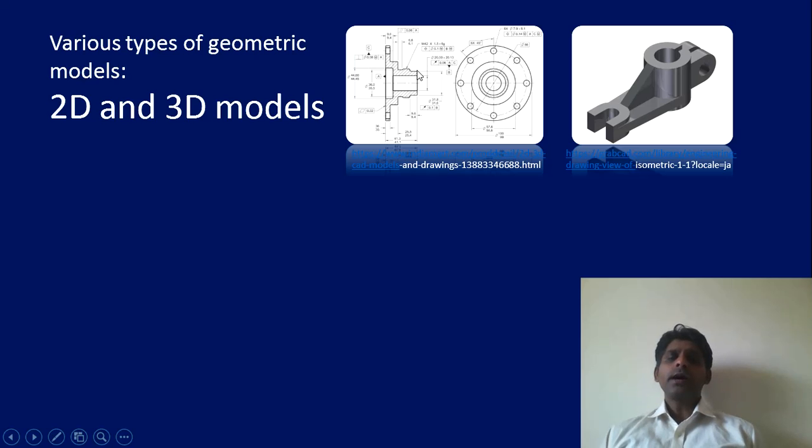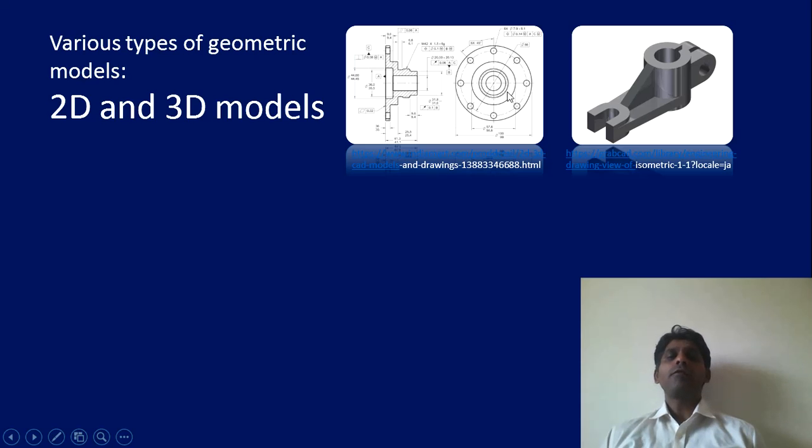This 2D drawing may be obtained from the 3D models, right? Most software packages these days have this convenience feature wherein you can convert this 3D model into 2D models, and you can generate 2D drawings like this.